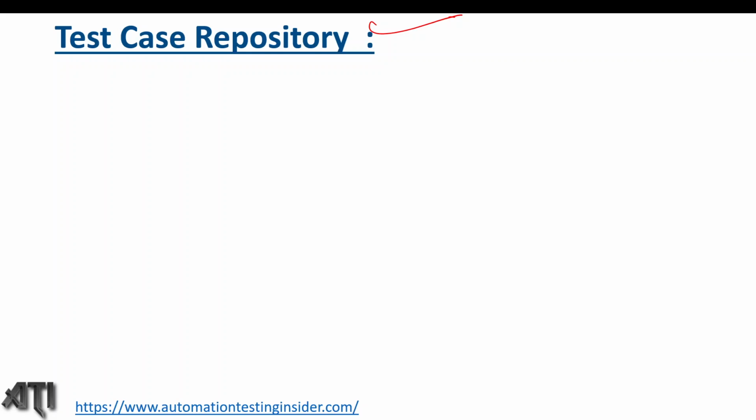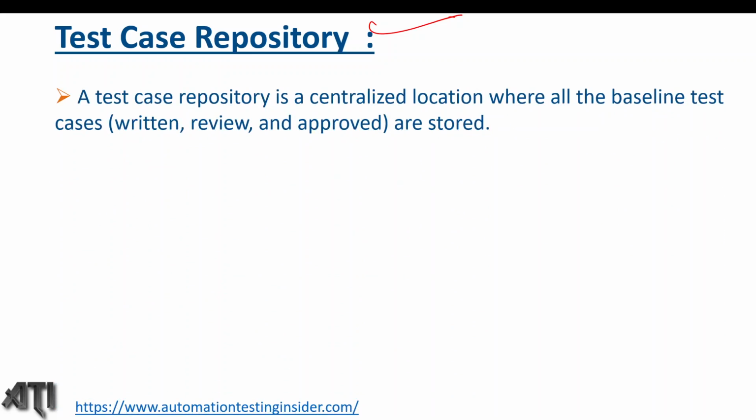So let's get started. A test case repository is a centralized location, centralized so that all the team members who have access can get the test cases from that repository, where all the baseline test cases, baseline being whatever test cases are approved. It's not just about test cases, all the approved documents should be placed in the repository.